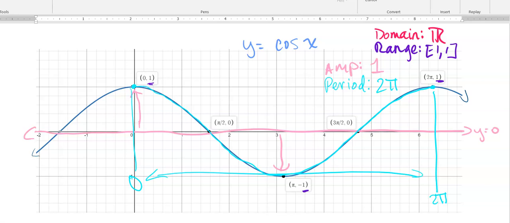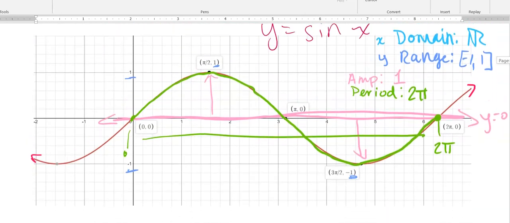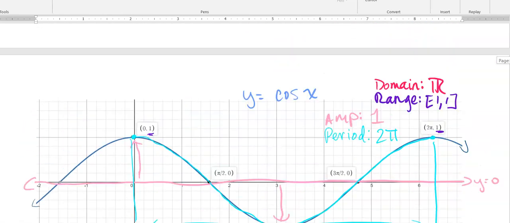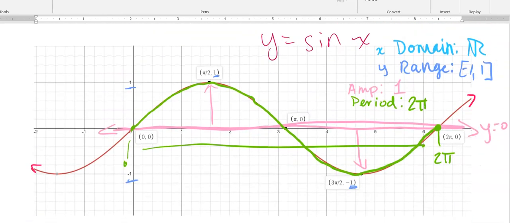Now, let's do some comparisons here. Our sine function has all of that same information. Okay, so far we have the exact same information. The difference that we see then is the shape. Okay, where we're actually starting for these two functions.